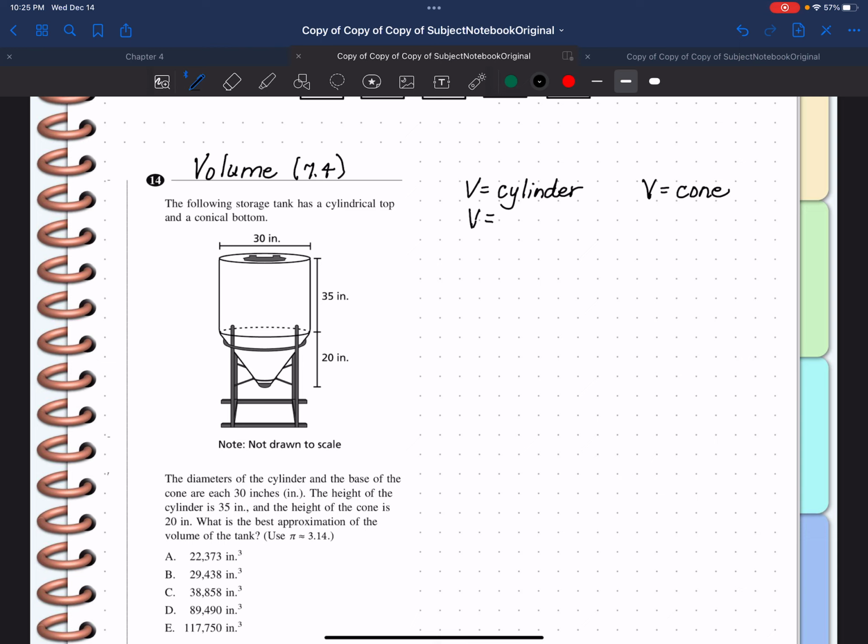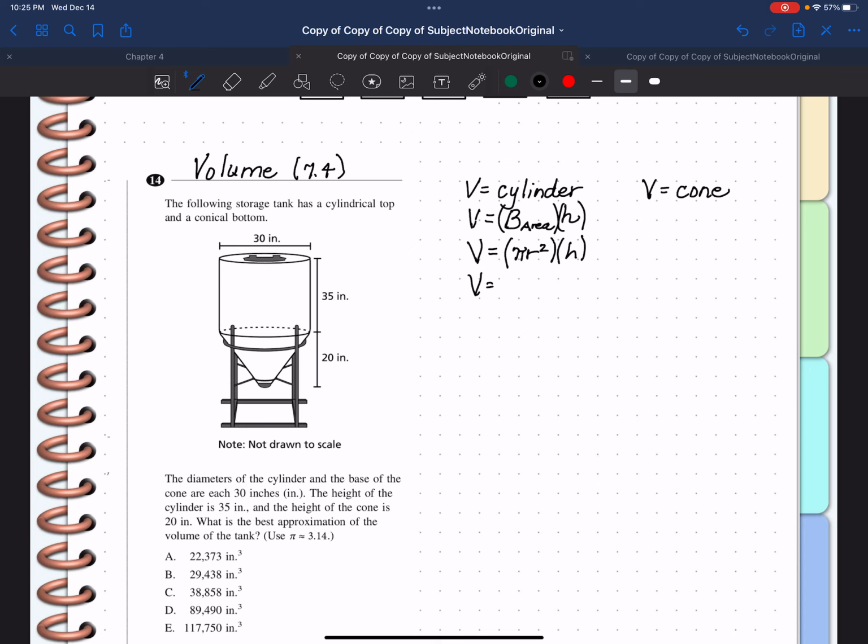So this is going to be the base area times the height. So the base of a cylinder is a circle, so we need the circle area, which is pi r squared. And then the height of the cylinder is going to be the h.